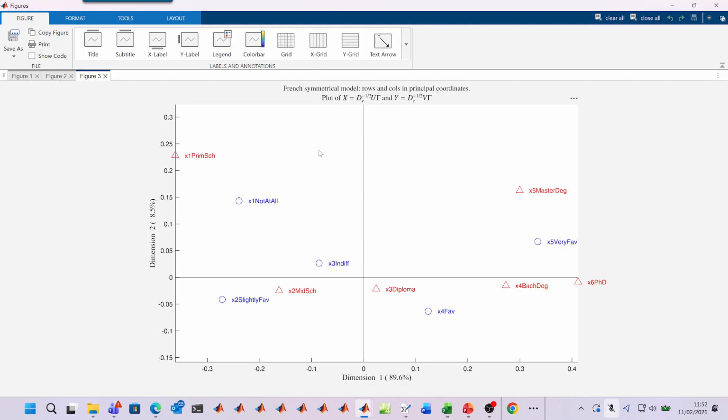But if you project these points, now primary, slightly favorable, not at all, indifferent, favorable, very favorable, you can see that as the level of schooling increases, your attitude towards science increases.